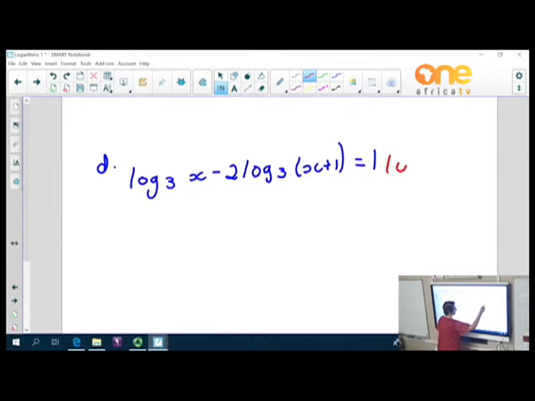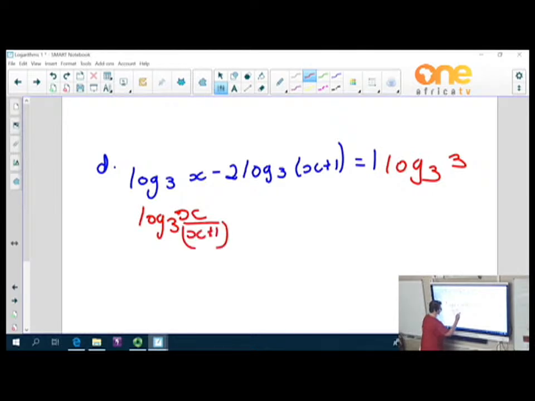So this is log base 3, and what's a 1? Log base 3 of 3. Now the log laws: log base 3 of x, divided by x plus 1 squared. I also bring up the power and I divide, is equal to log base 3 of 3.